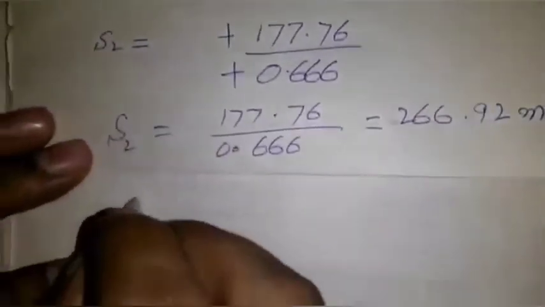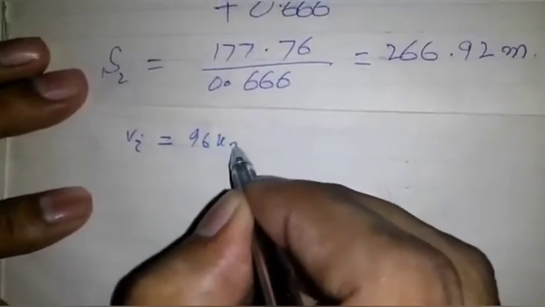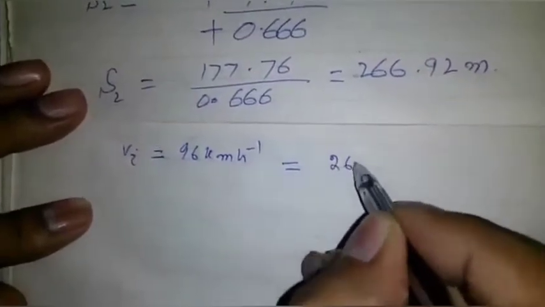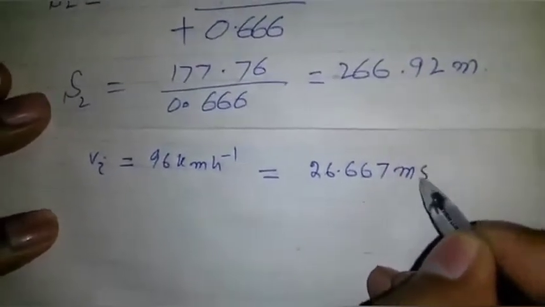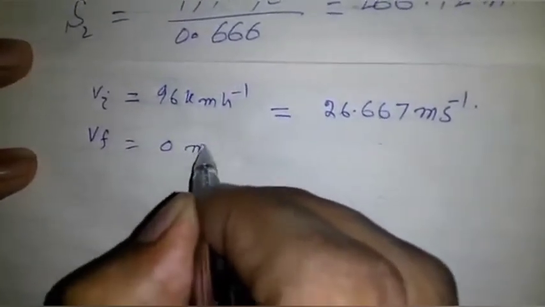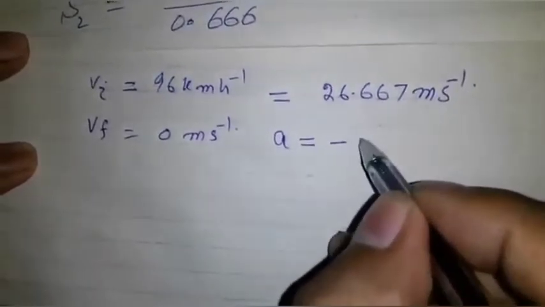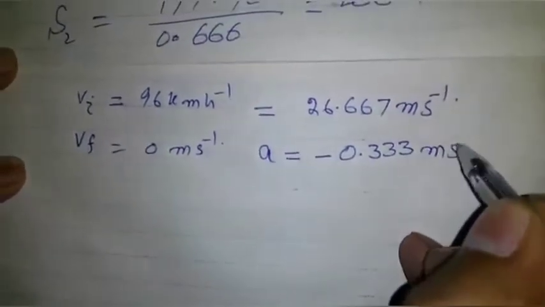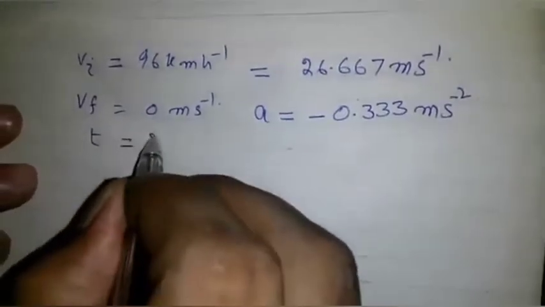Its initial velocity Vi is equal to 96 km per hour, which is equal to 26.667 meter per second, and its final velocity becomes 0 meter per second. Its acceleration is equal to minus 0.333 meter per second, and we have to find the time t.